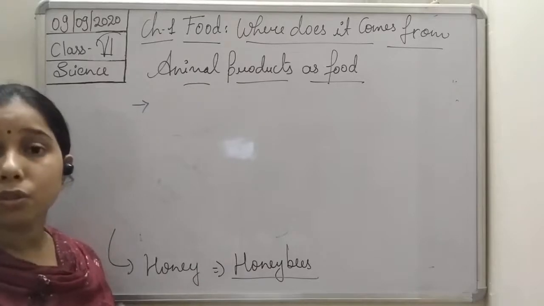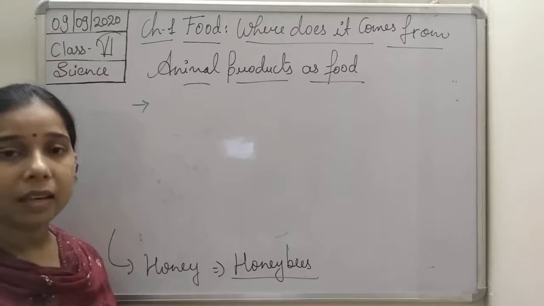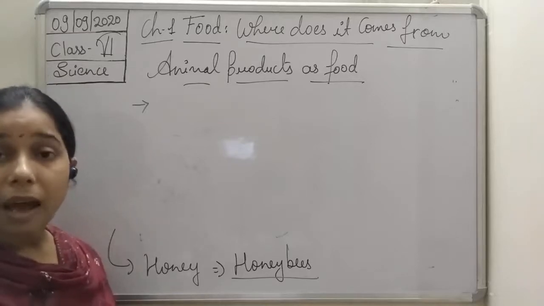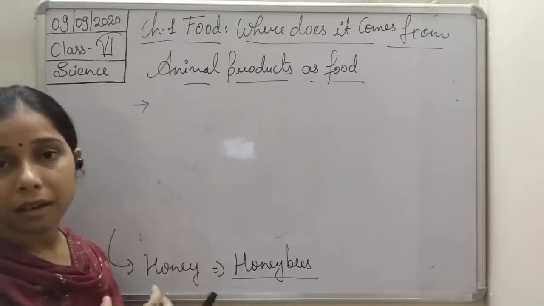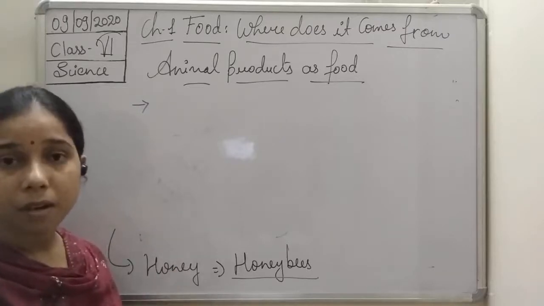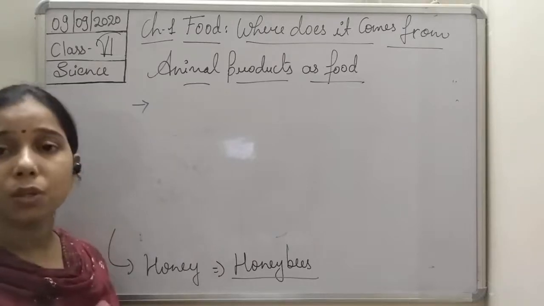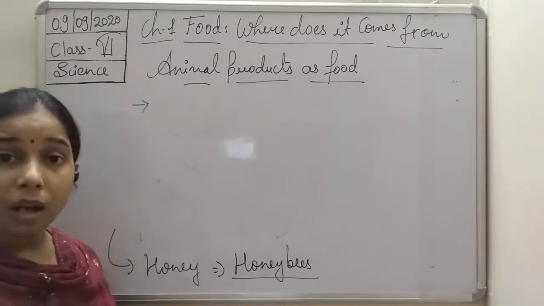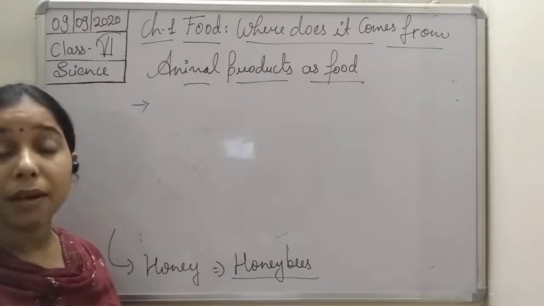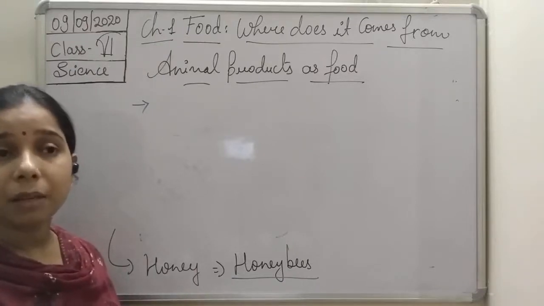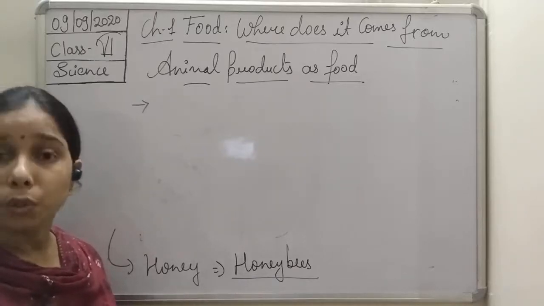Nectar means the juice of the flower. They collect the nectar from the flower, and they take the nectar to the honeycomb, where they live, and all the honeybees convert this nectar into honey. Now honey is a very sweet fluid, but it is very important, and it has medicinal use also.